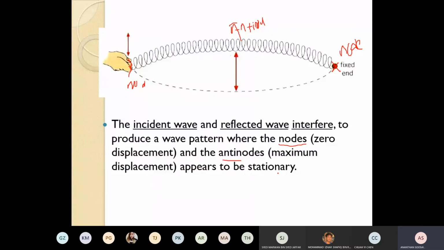There is no such thing as nodes and antinodes for a progressive wave. Just now you saw in the video, he tried to touch here with his finger, and it does not vibrate; he can hold it. Because the particle at the node does not oscillate up and down, as perfect cancellation happens. So this is called a stationary wave.